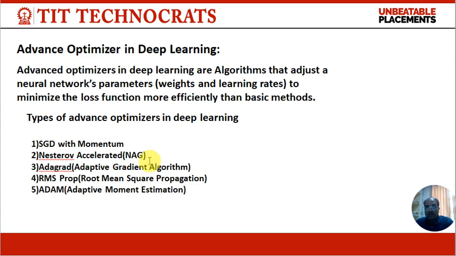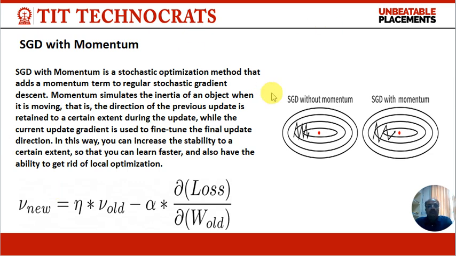Adam stands out as a true powerhouse, widely favored for its efficiency and adaptability. So next we discuss the first optimizer, known as SGD with momentum.